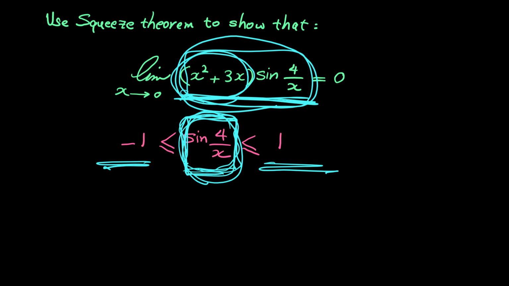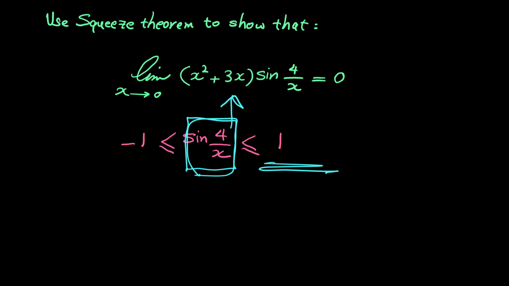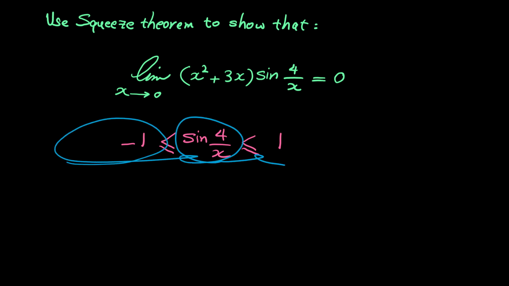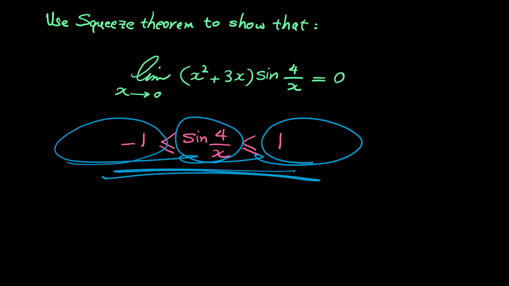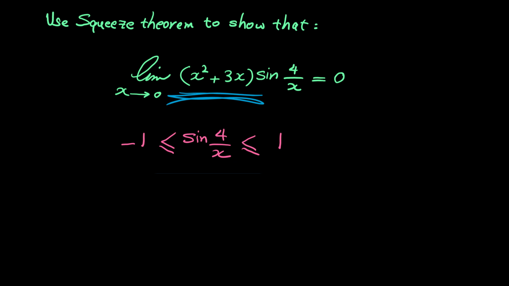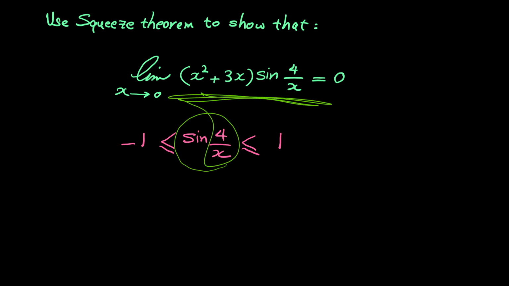To make this like the expression here, we have to multiply both sides of this inequality, the left side, the middle part, and the right side, by x squared plus 3x.